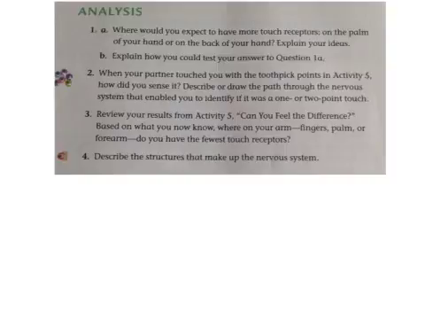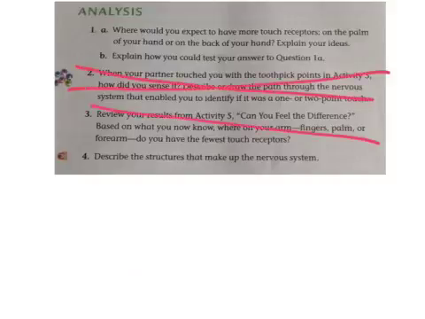Once you finish your reading and answer all the stop and thinks, there's 4 total sections and a couple different ones in each section. Once you finish all of those, I would like you to do your analysis questions. When you do the analysis questions, you only need to do question 1 and question 4.